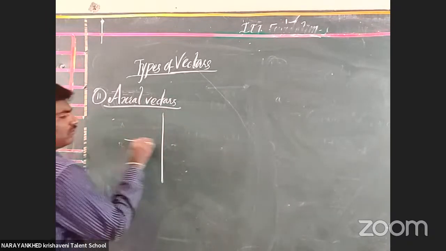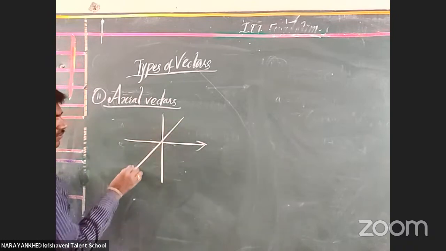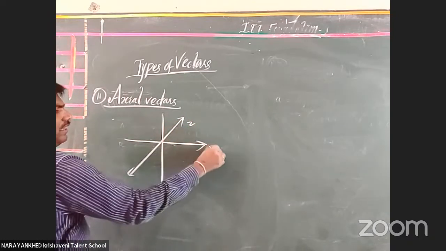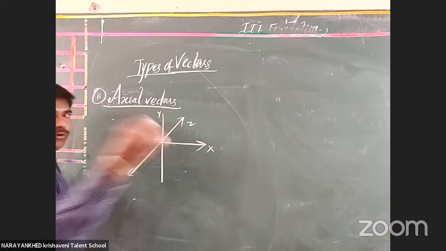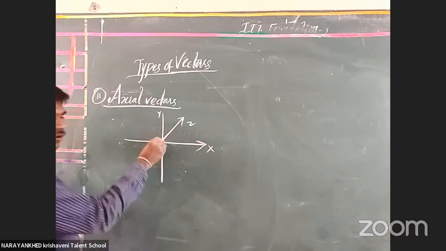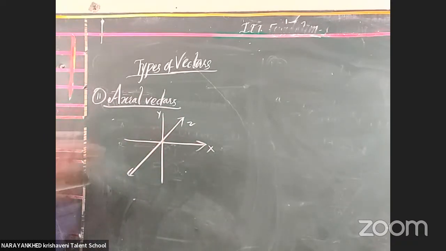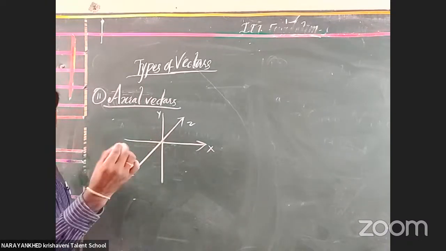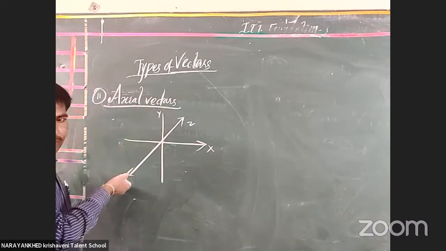There are three axes: the z axis, x axis, and y axis. The z axis points towards the board, inside of the board, but it is not possible to write it like that. That is why I am writing here in this mode.